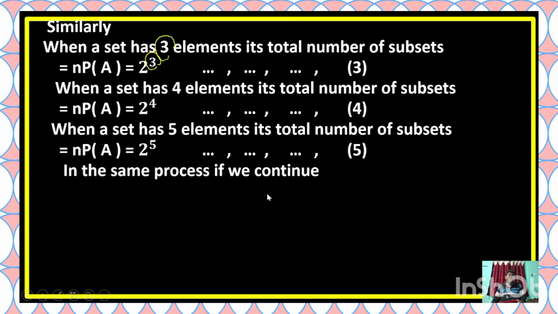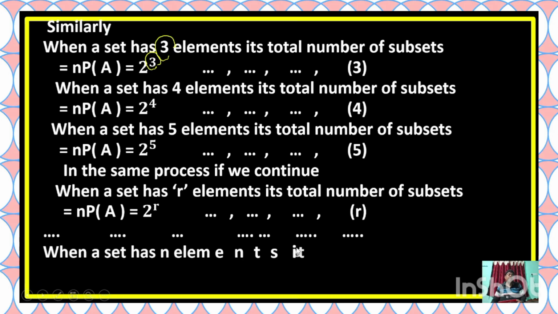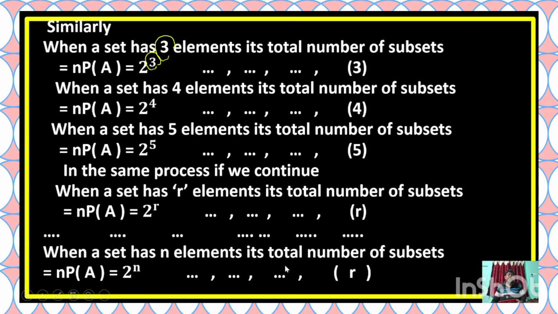In the same process, if we continue, when a set has r elements, can you say what is the cardinality of the power set of A? It is 2 to the power r. Clearly understood? Thus, when a set has n elements, its total number of subsets, the cardinality of the power set of A, is 2 to the power n.